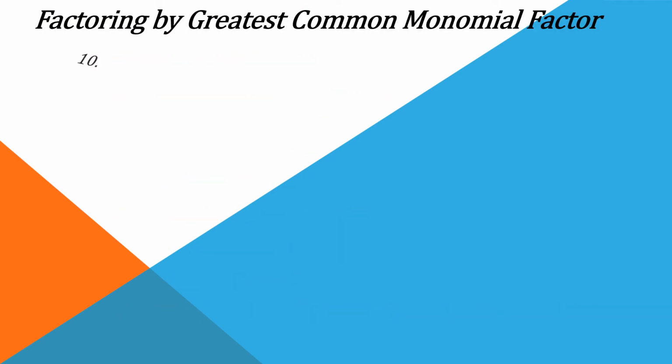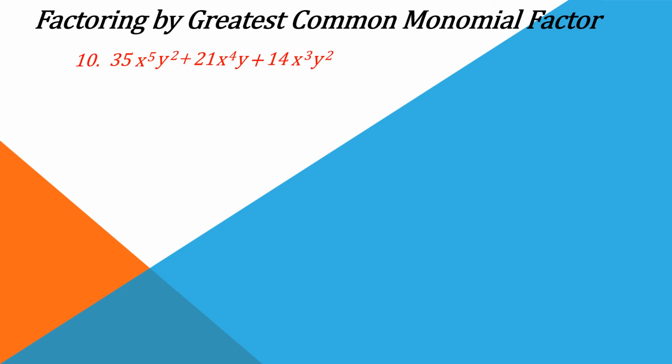And we have now the last example, 35x to the fifth y squared plus 21x to the fourth y plus 14x cubed y squared. Again, in this example, we have three terms, and we will take the greatest common factor of each term.